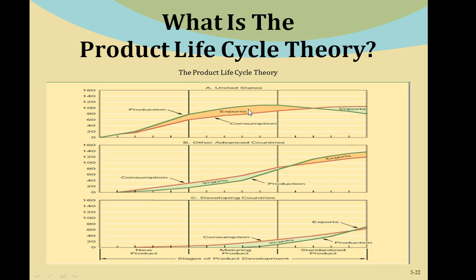So we see here at the beginning, produced in the US, the US sells to Japan, and Japan uses it for a while and then produces by itself and sells back to the US. At the same time they sell to other nations, developing nations. So developing nations receive the products from Japan.